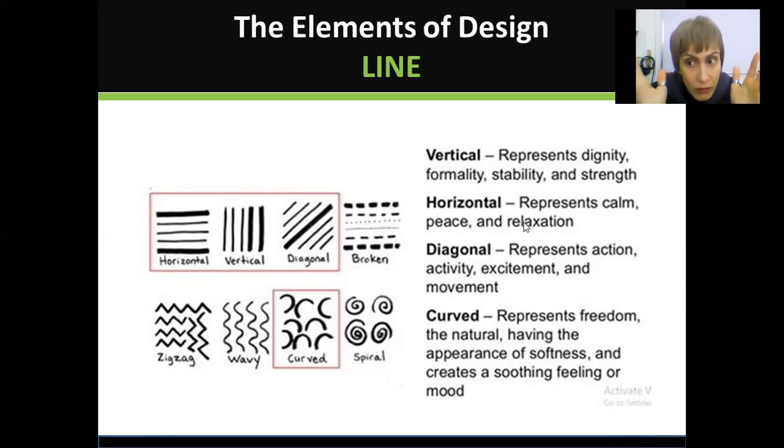Now, this is not always the case, because when we have a composition, meaning we use many elements, or let's say just line but in many different ways. For example, I have a line here that's horizontal, and then I put a vertical line here, and maybe 2 or 3 vertical lines. Maybe then I put a curved line here. Okay, this line gives us this feeling, this line gives us this feeling.